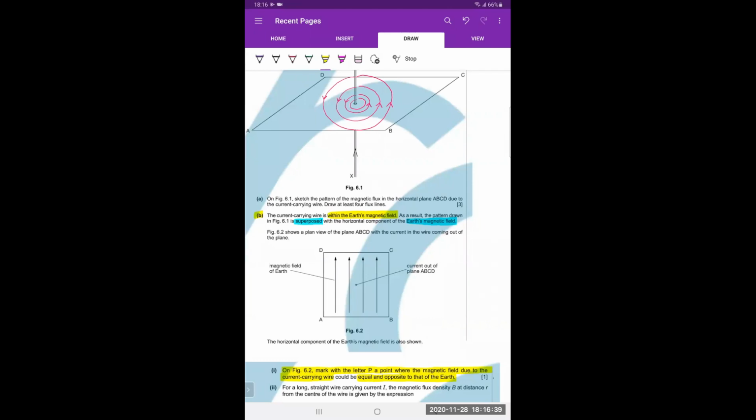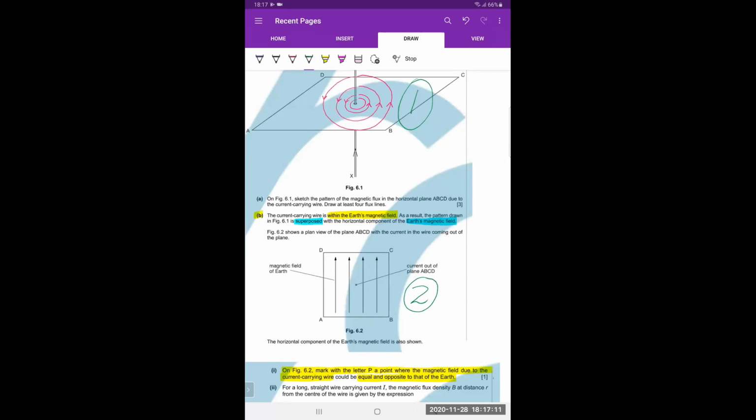The question is saying, mark with the letter P a point where you would expect the field due to the current carrying wire to be equal and opposite to the magnetic field of the Earth. Okay. The field of the wire is shown in diagram 1. The Earth's magnetic field is shown in diagram 2.